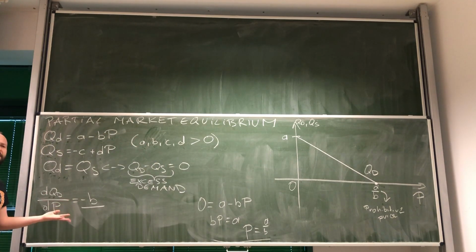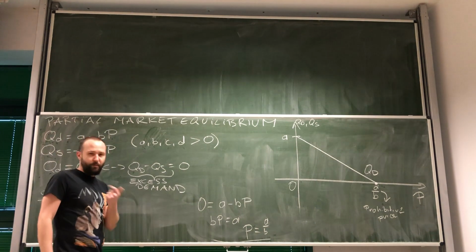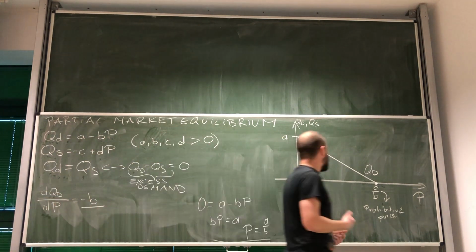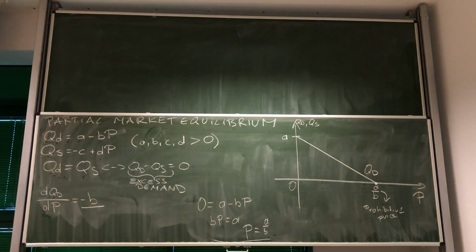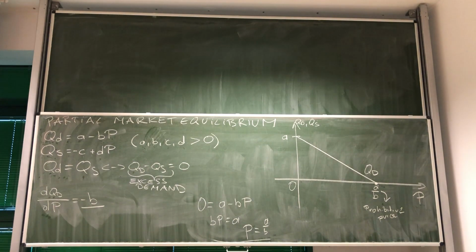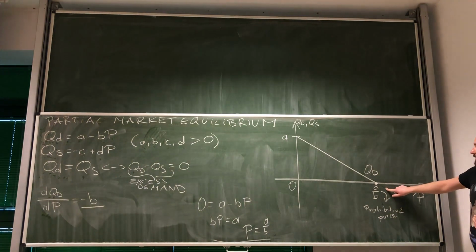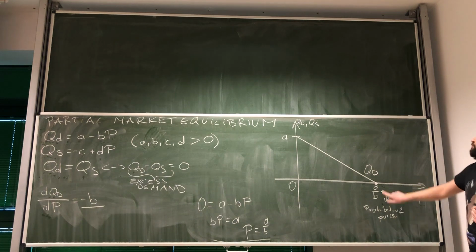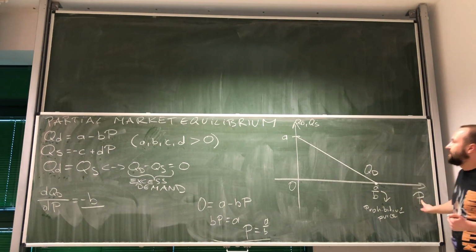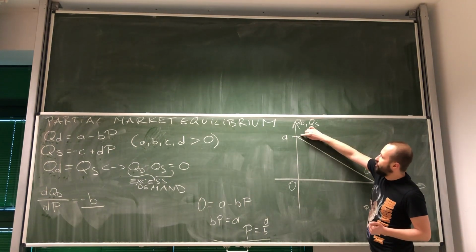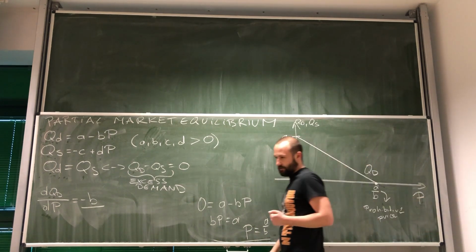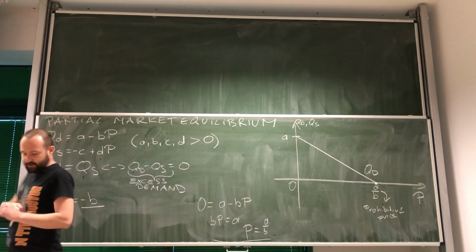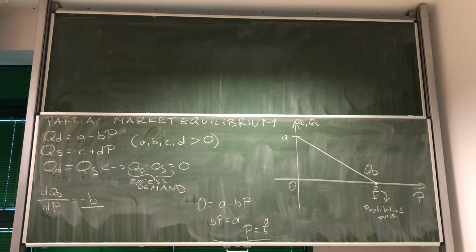It's somehow connected to elasticity, but this topic we're going to take up in more detail a little bit later. We know what is the prohibitive price. We know that if price would be 0, customers would buy A units. So at most.